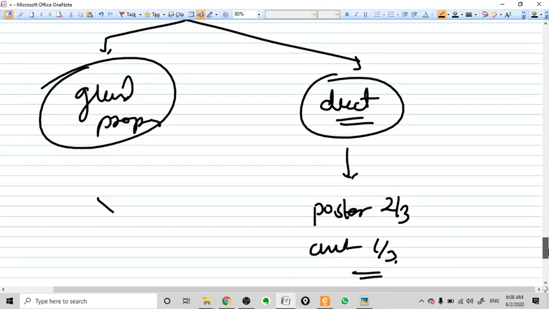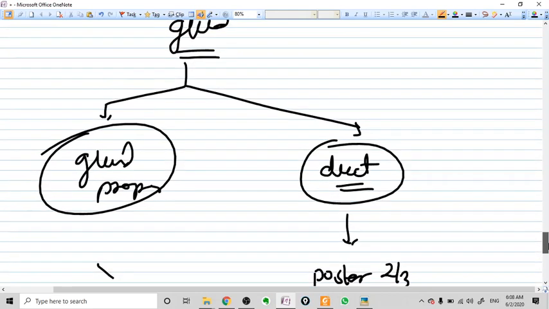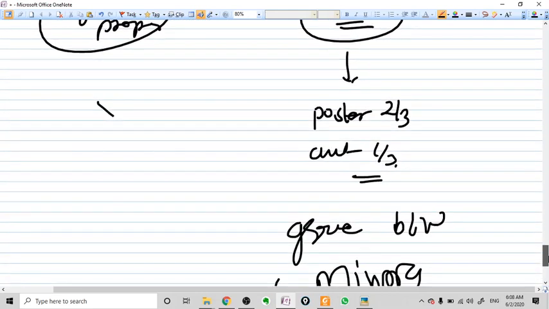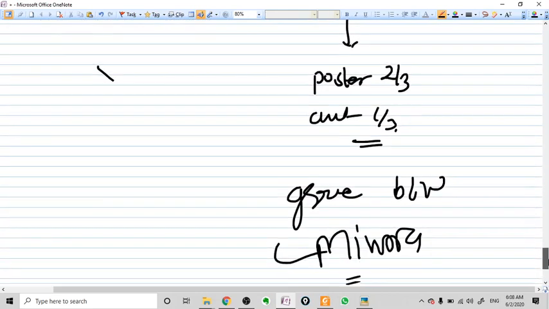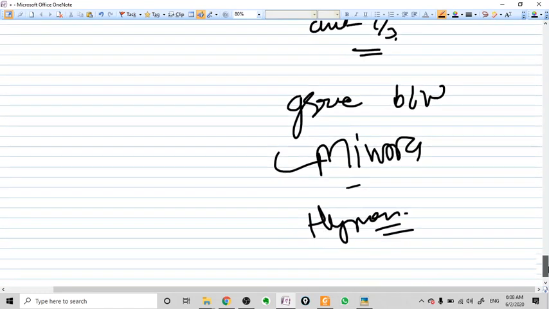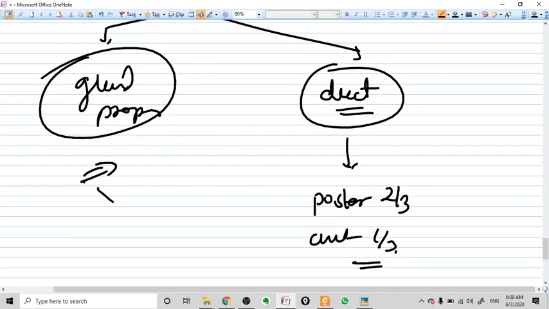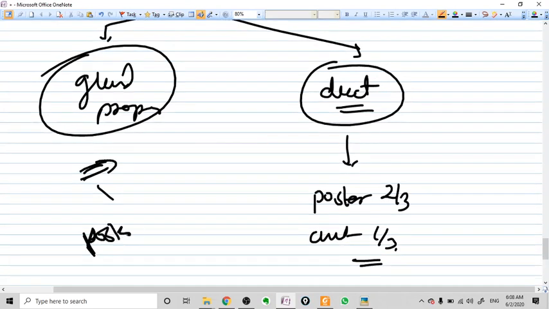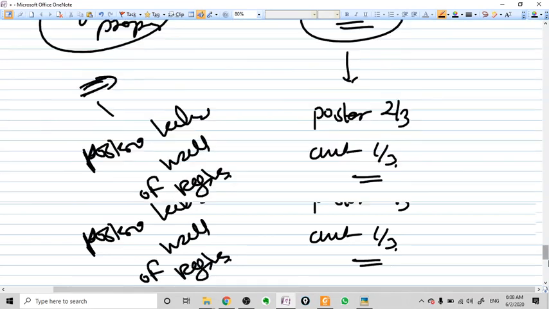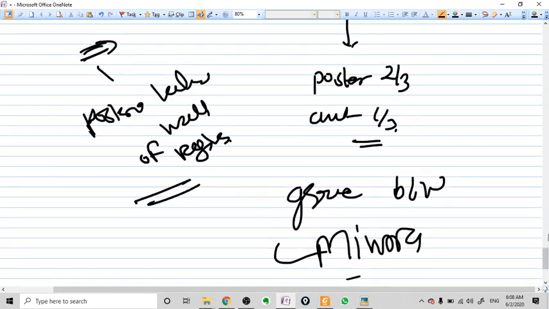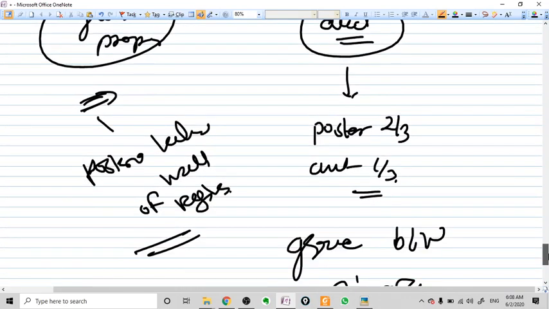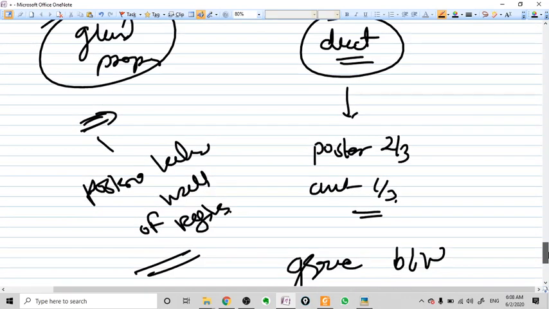So my friends, you know where the opening of the duct is: posterior two-third and anterior one-third junction in the groove between labia minora and hymen. The gland resides in the posterior lateral wall of the vagina.